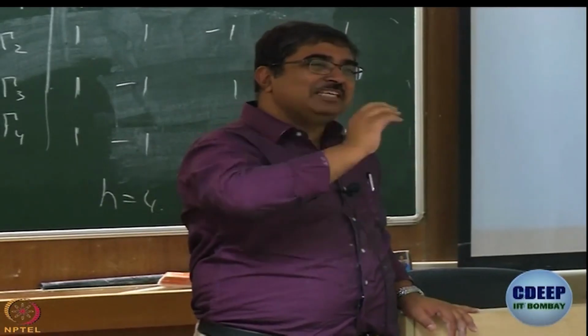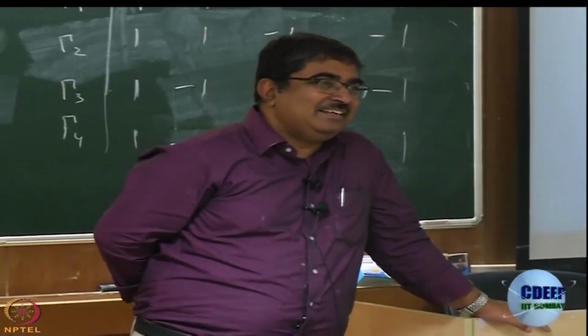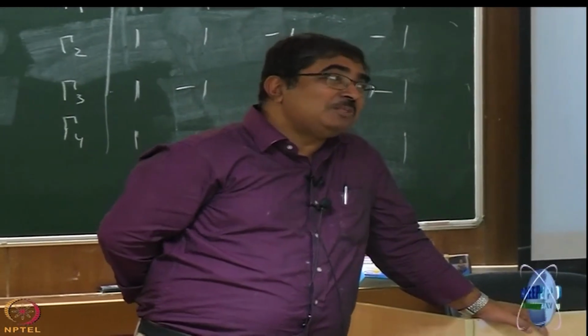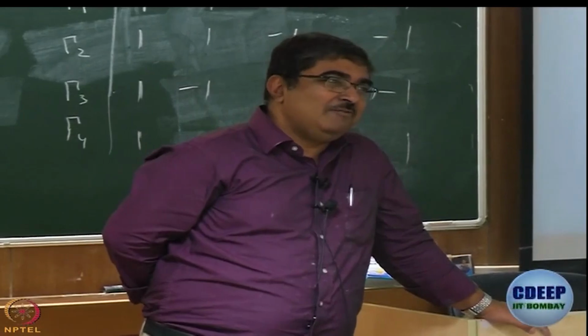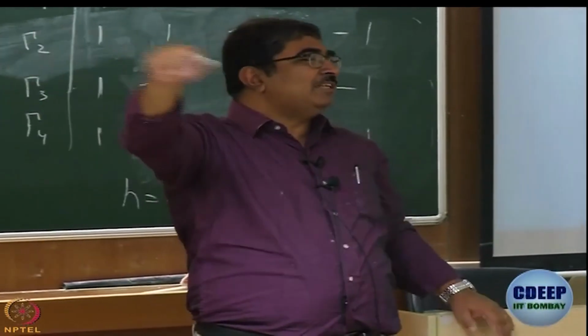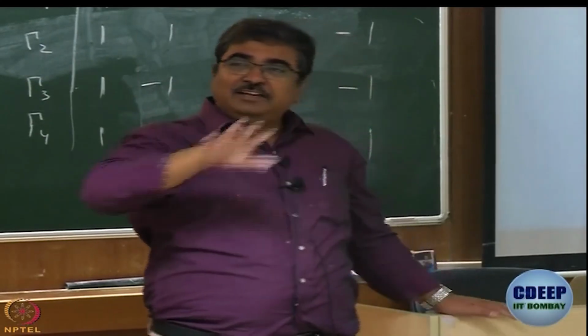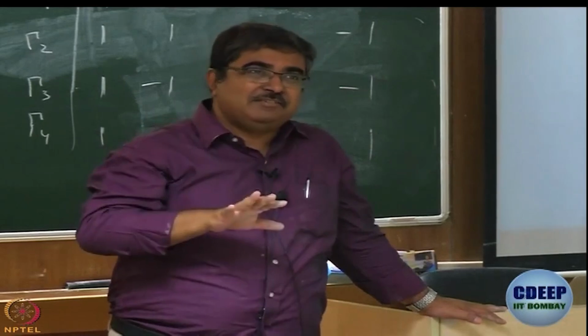Symmetric or antisymmetric with respect to which symmetry operation? The most prominent symmetry operation. What is the most prominent symmetry operation? That comes from the nomenclature of the point groups itself.